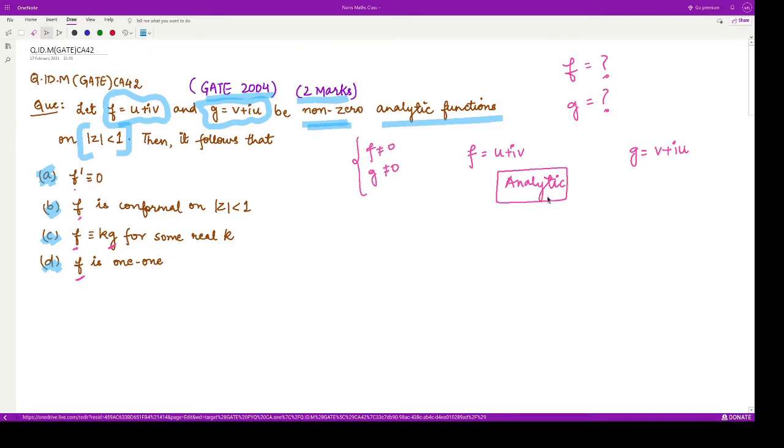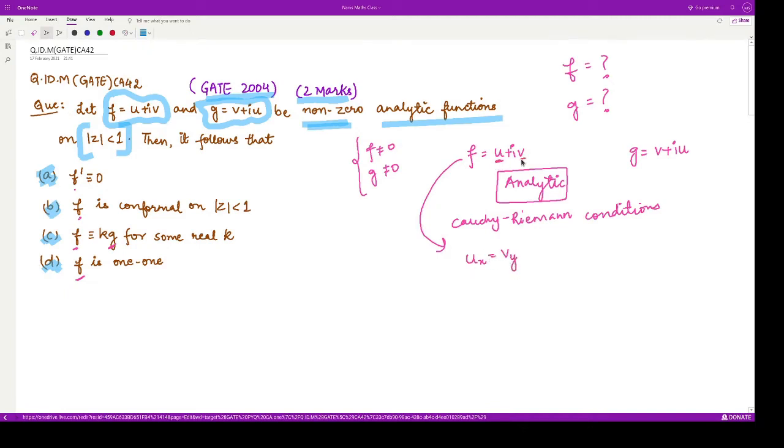So if a complex function is analytic, that means it will satisfy the Cauchy-Riemann equations. And what are these conditions? The conditions if we apply on f, that means we would have u of x is equal to v of y, right?